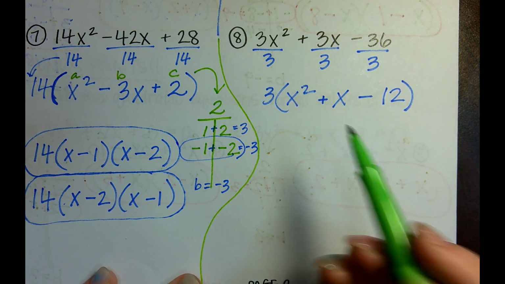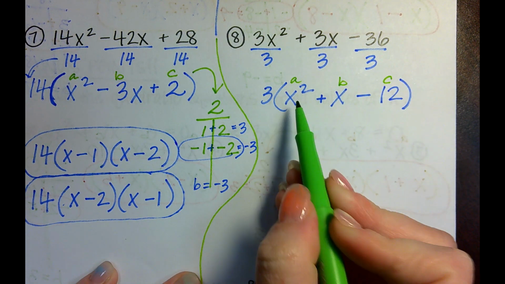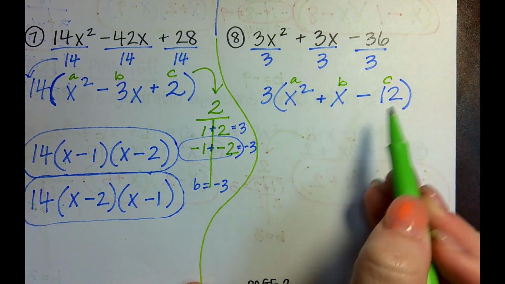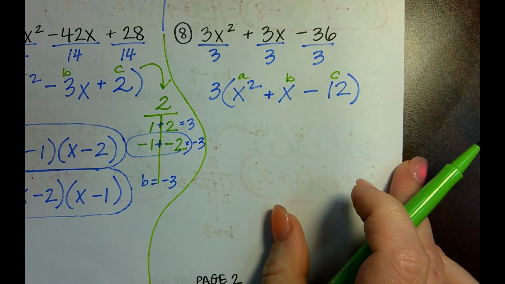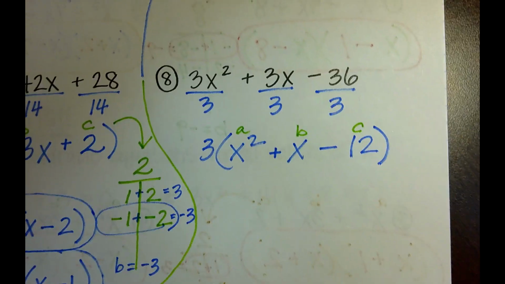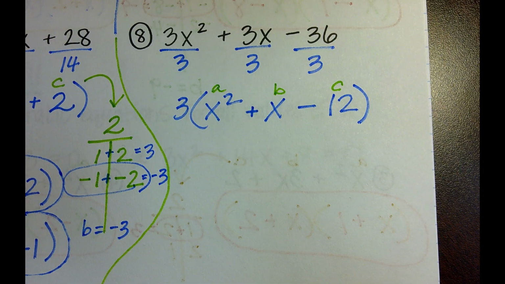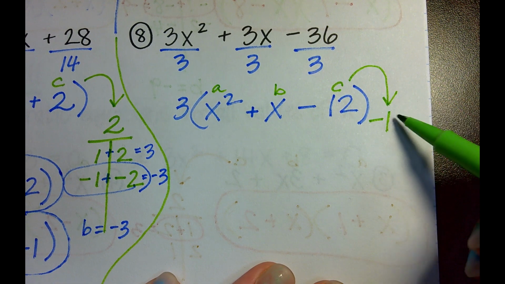So now I have A is 1, B is 1, C is -12. What should I do next? List the factors. Yes, let's list all the factors of C.